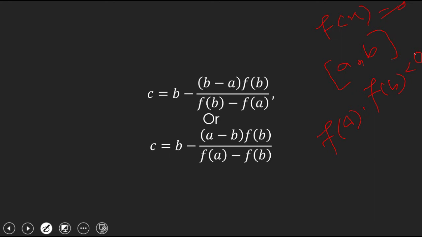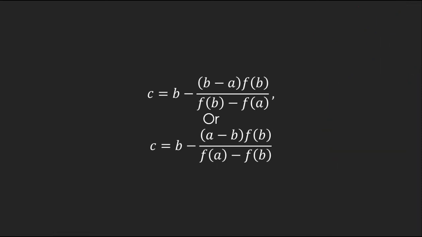Now we can find c by using this formula: c is equal to b minus (a minus b) into f of b divided by f of a minus f of b. This is the general formula. Or by taking the negative sign out, we can write c is equal to b minus (a minus b) into f of b divided by f of a minus f of b.